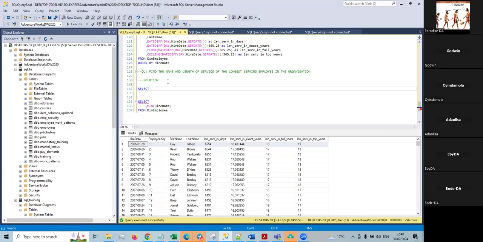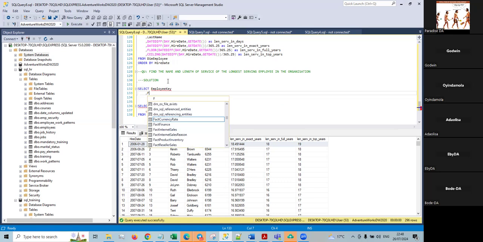We might want employee key. All right, and also we want the employee's name. Employee key, first name.